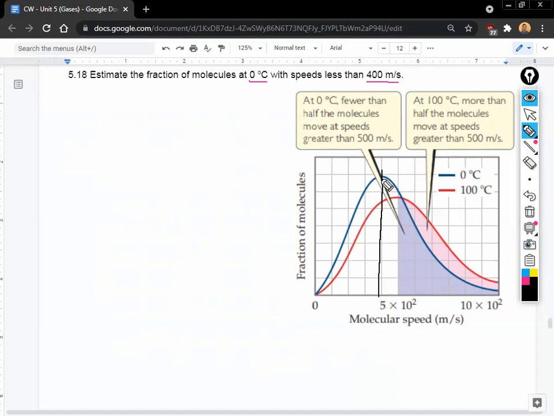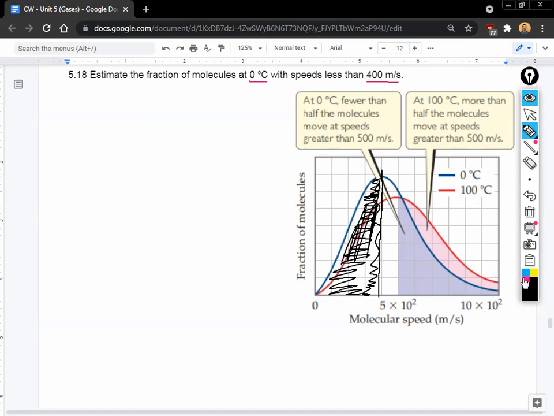What we want to do is look at the area under the curve. So I'm going to just color it in. What percentage-ish of the molecules at 0 degrees Celsius are moving at less than 400 meters per second? Like 40-ish, yeah, about half, right?